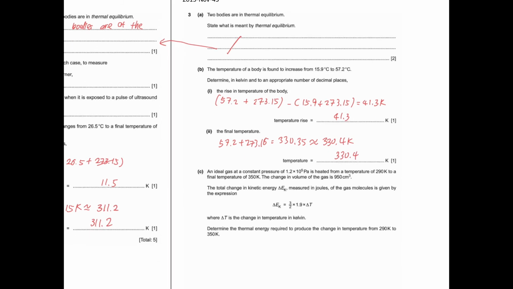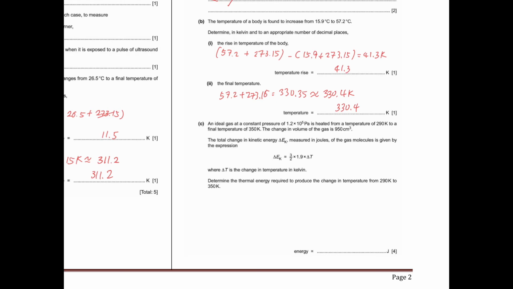Okay, so the starting looks the same, but part C is something different already. An ideal gas at a constant pressure of 1.2 times 10 to the power of 5 Pascal is heated from a temperature of 290 Kelvin to a final temperature of 350 Kelvin. So the temperature increases. The change in volume of the gas is 950 cm3, so the gas expands also.